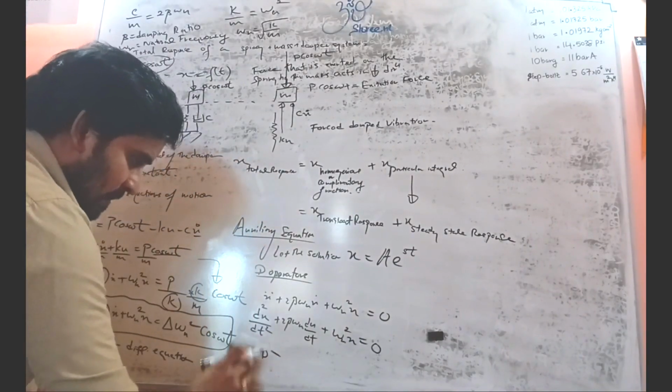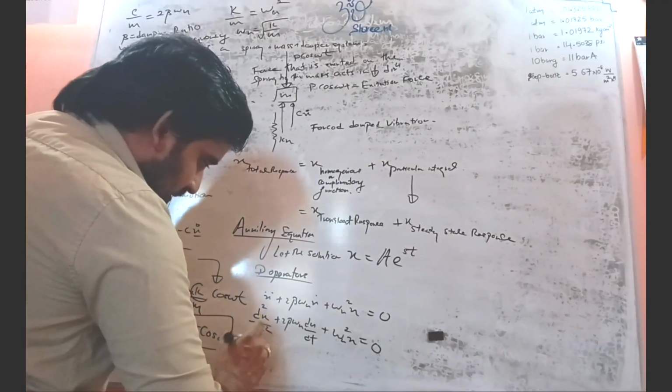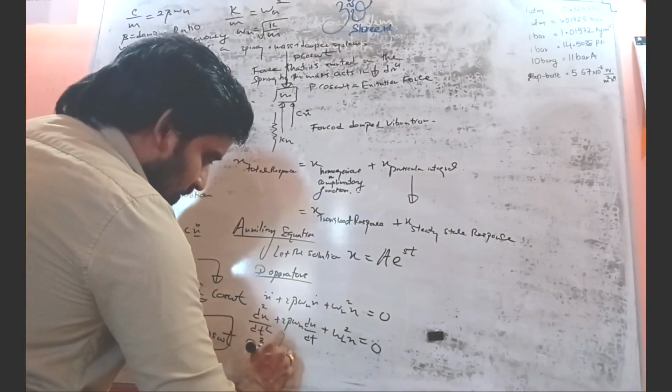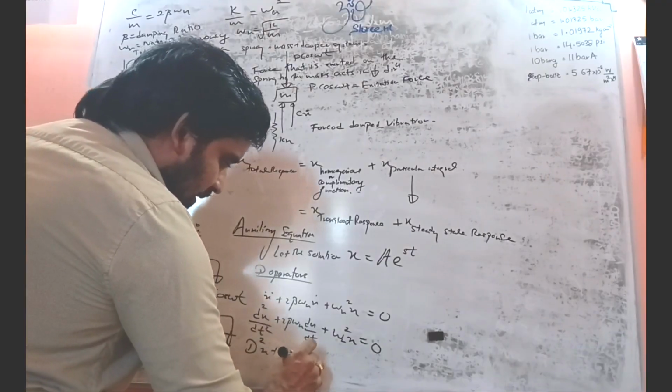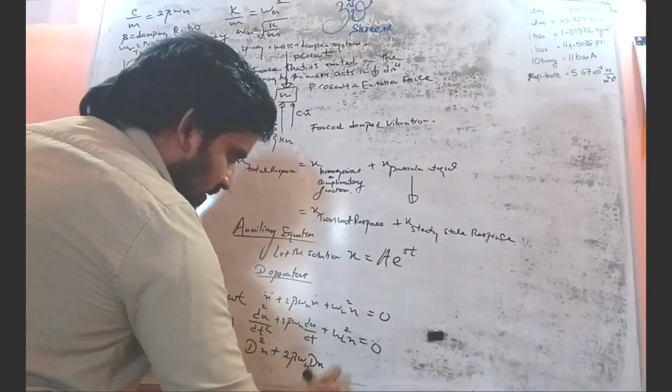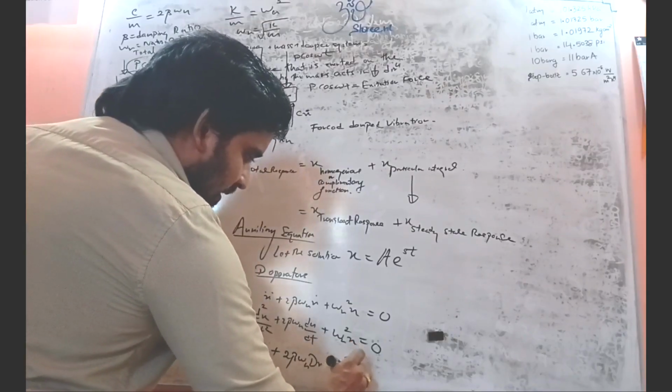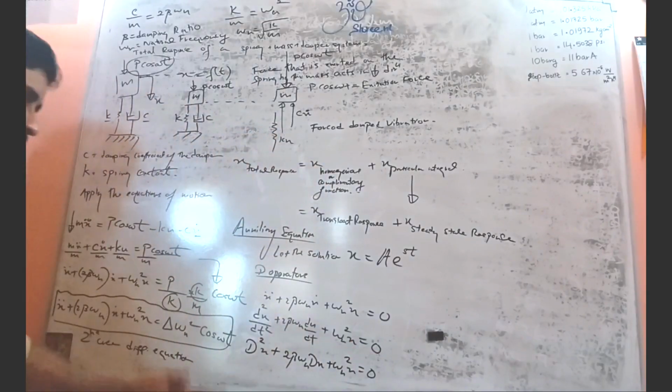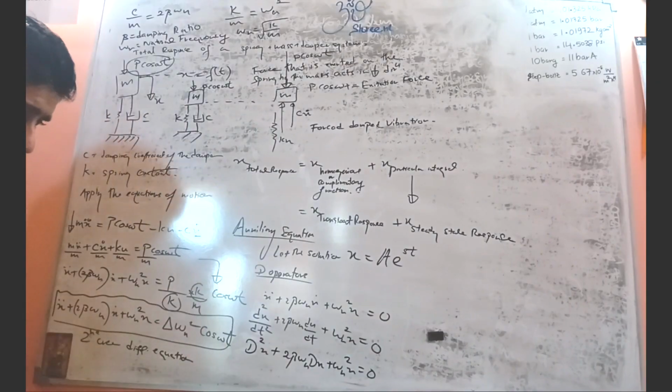So I can say it as D squared x plus 2 beta omega n Dx plus omega n squared x equals 0. So now I can take this x out. This is the technique.